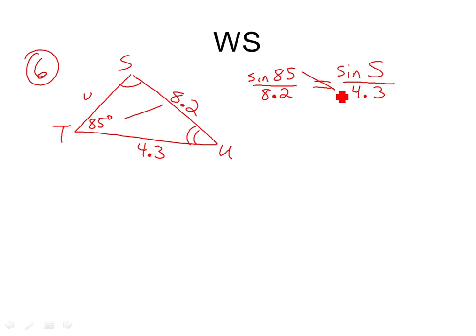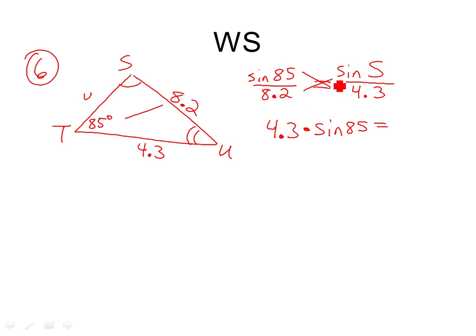We cross multiply here. It's going to be this times sine of 85. So you just put 4.3 times sine 85. Don't make that hard just because it looks real mathy. Don't do all that yet. Let's pick up the calculator once.